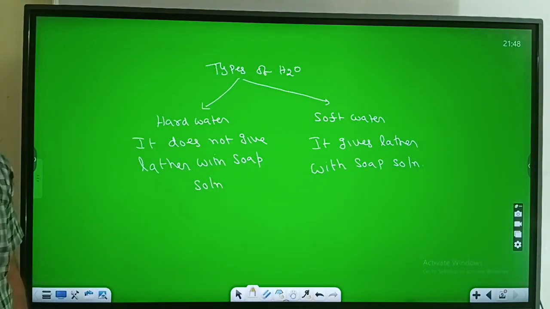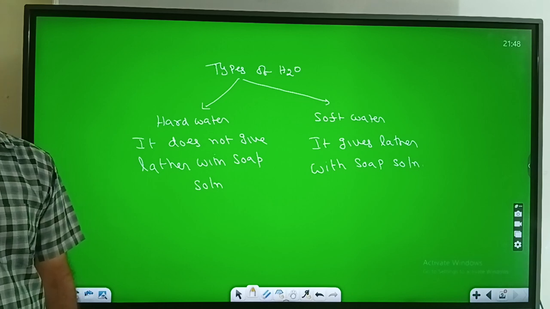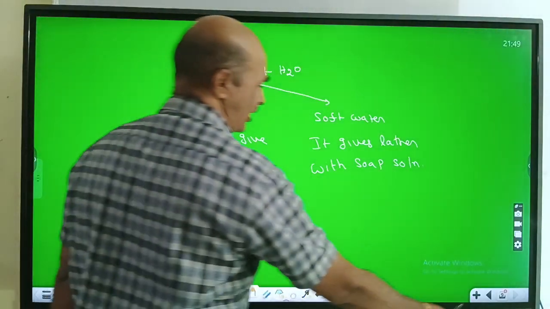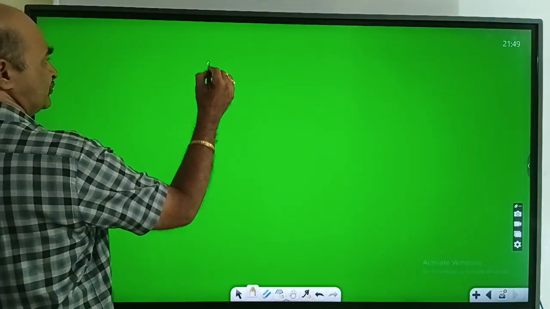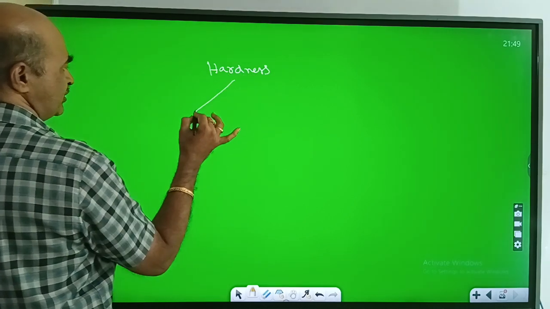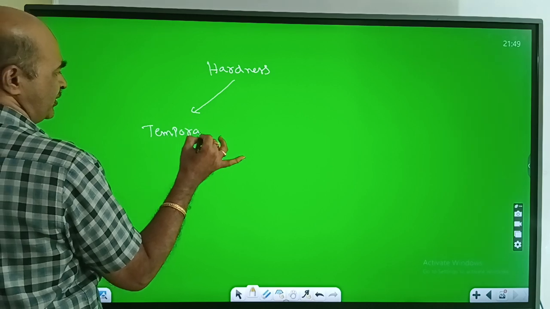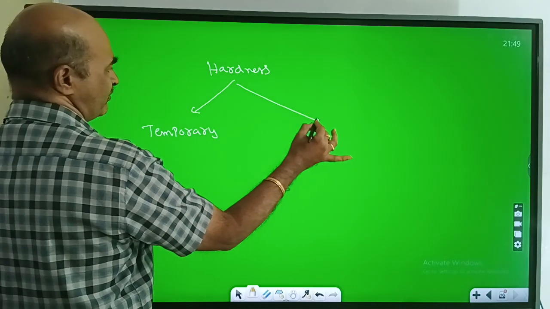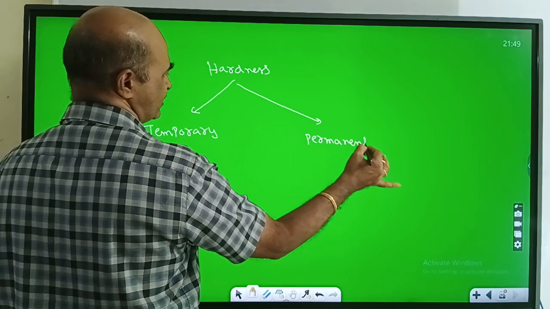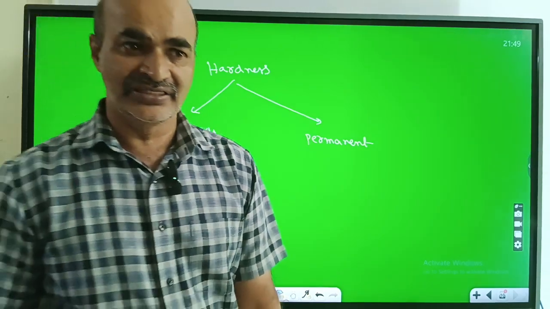What is the reason for hardness of water? Hardness is two types: temporary hardness and permanent hardness.